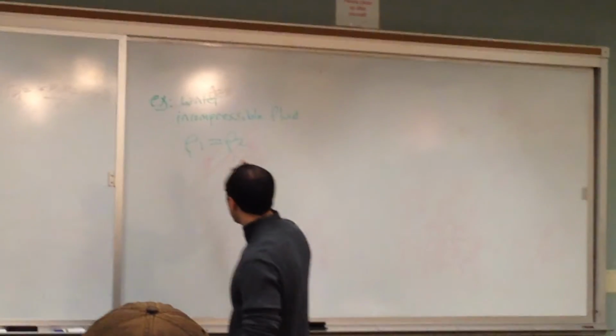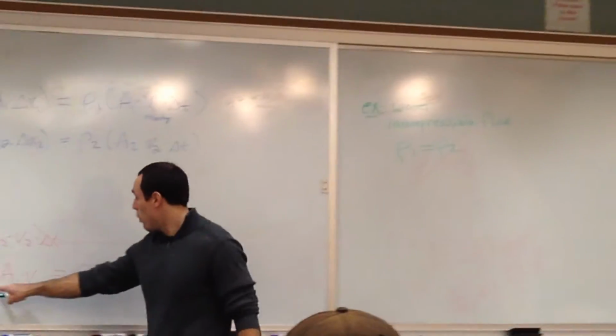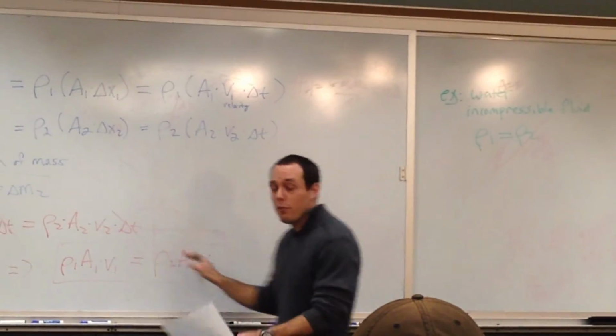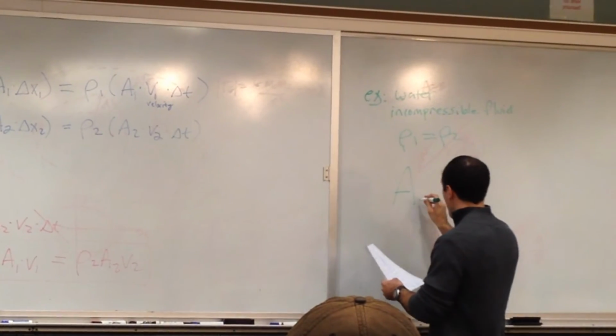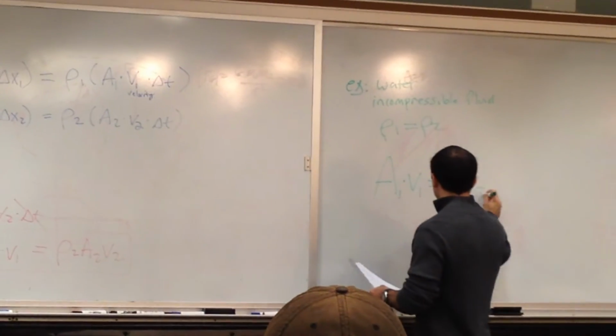And if we're looking in terms of an incompressible fluid, i.e. water, and we just set rho 1 equal to rho 2, that means they both cancel each other off in the equation, and this equation just becomes A1 times V1 is A2 times V2.